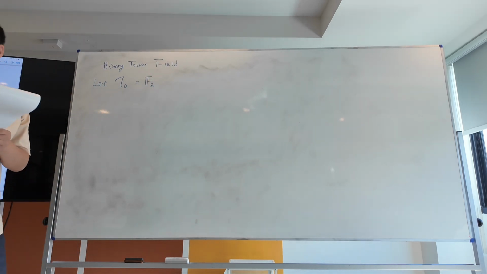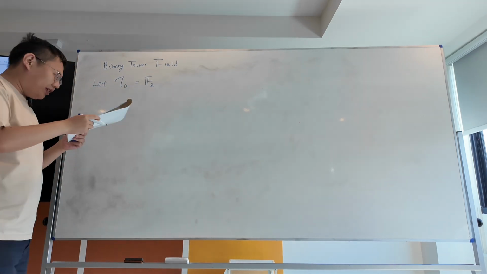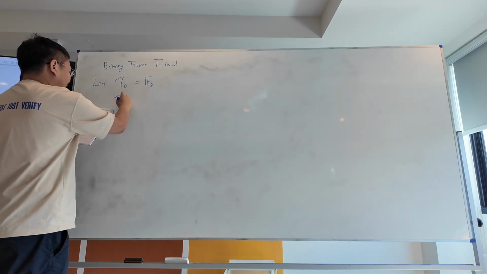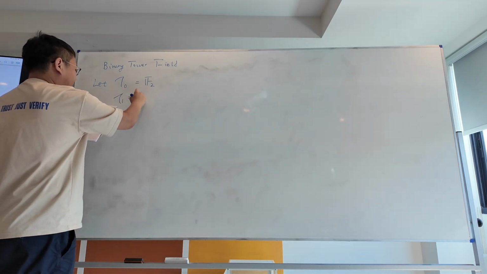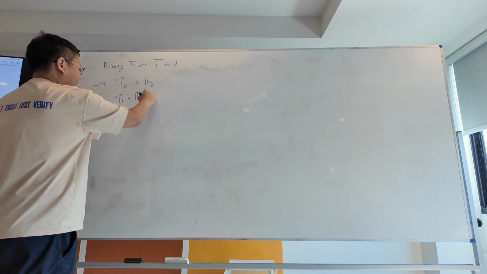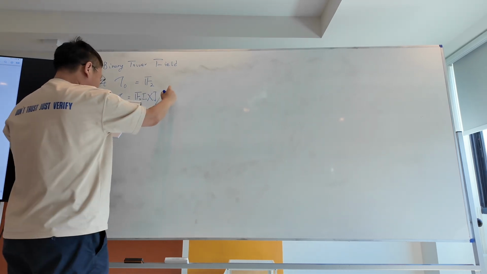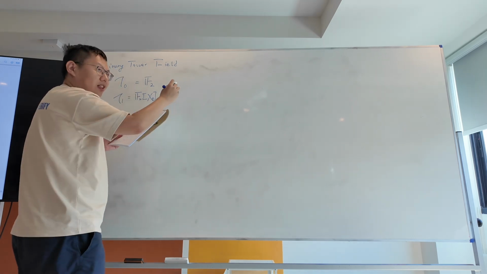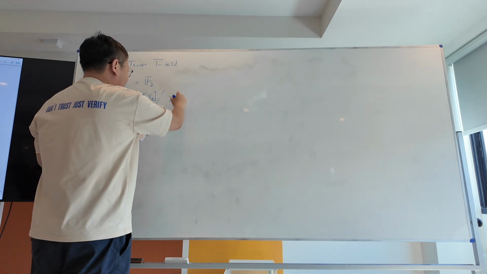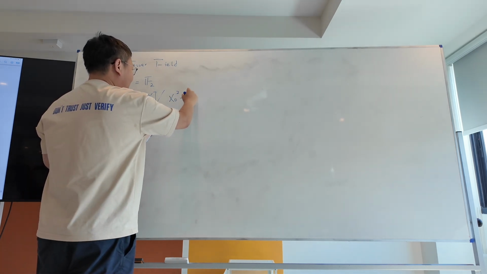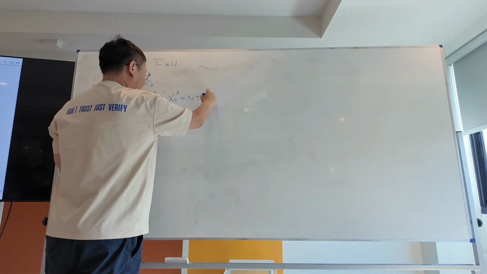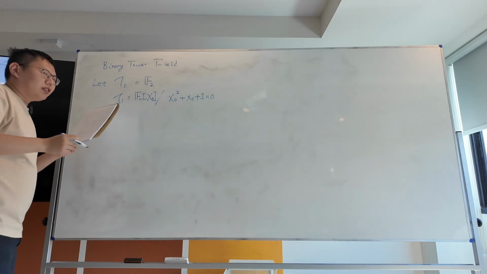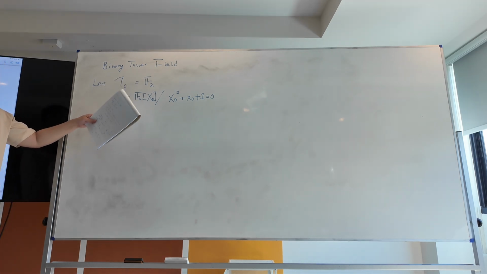Now what we want is to take a field extension of this. Let's take tau 1 to be F2 adjoined with x, where x satisfies this equation. Let's call it x naught because we're going to have a lot of variables: x naught squared plus x naught plus 1 equals 0. This will be our first, a little bit larger field.